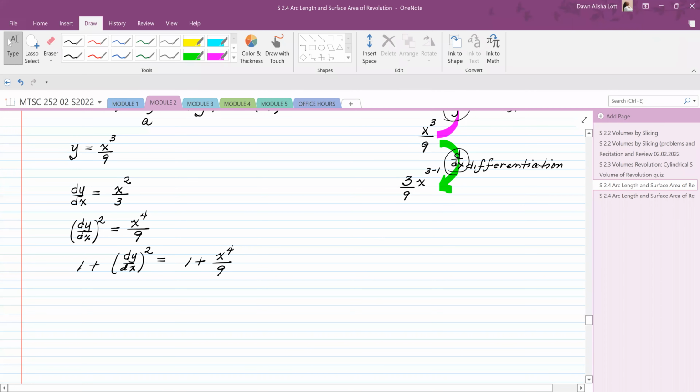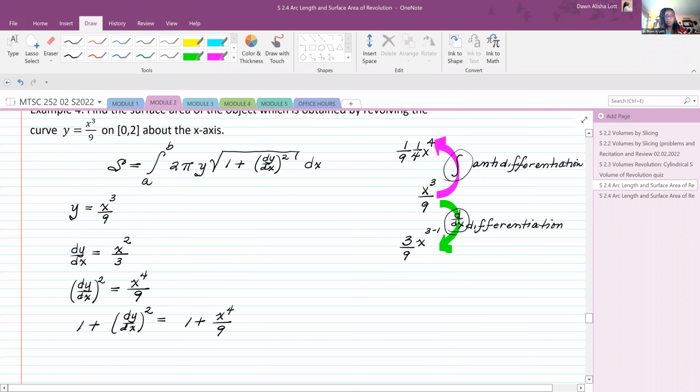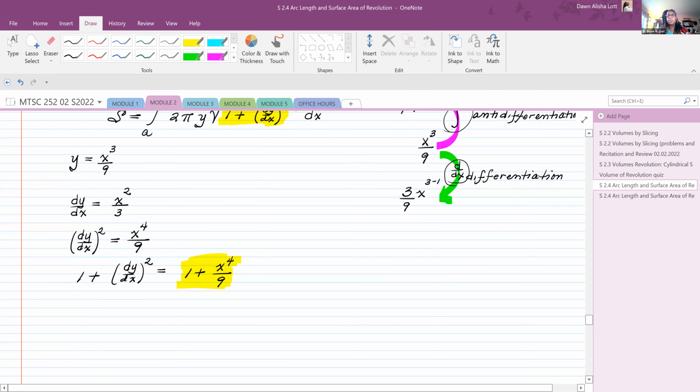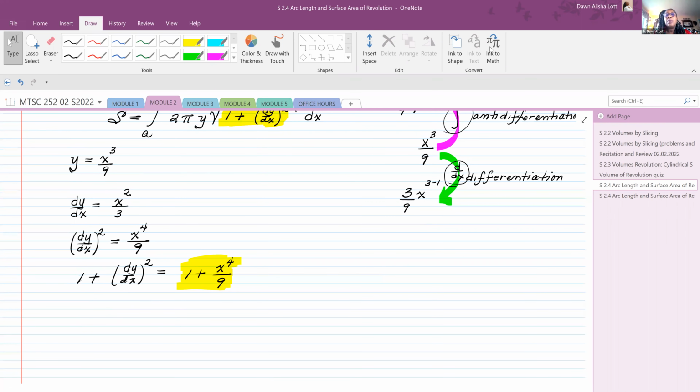No. Okay, since we can't simplify this any further, we are ready to just stick it into our integral. We've gotten as far as we can go. If we could simplify it, we would, but we can't. Thank you for your help. Let me see who else I may call on.